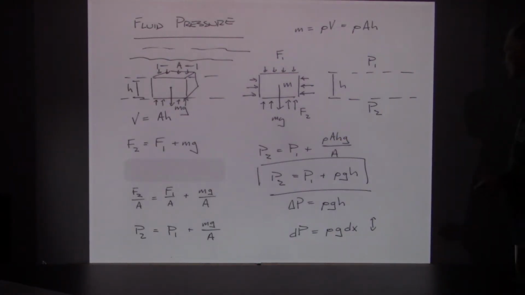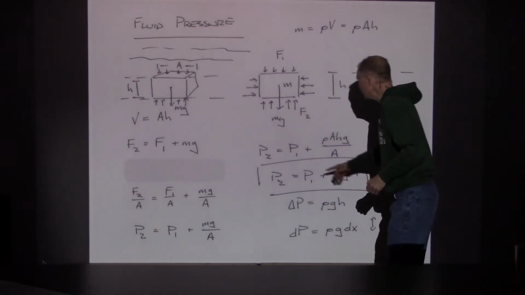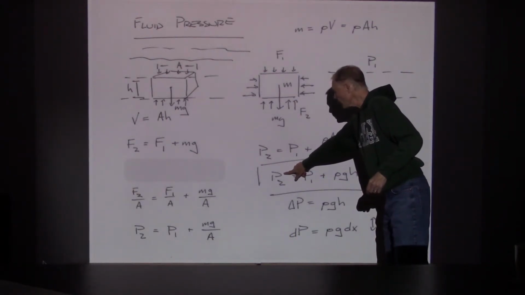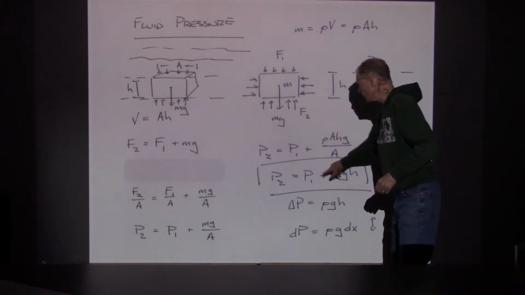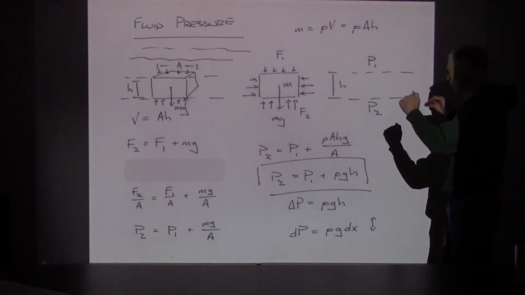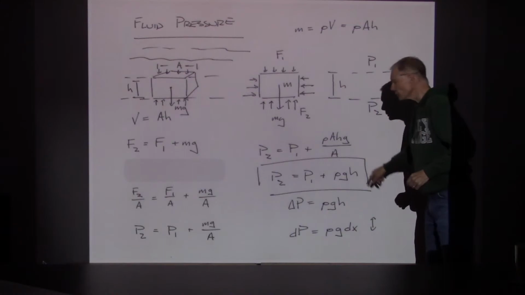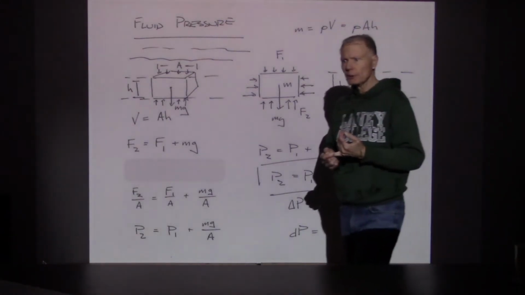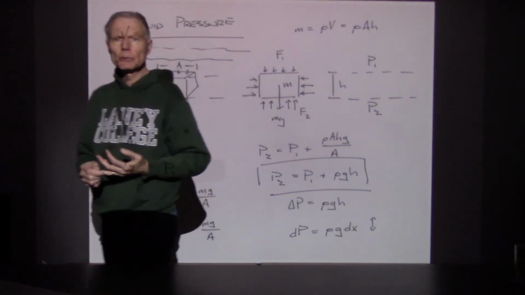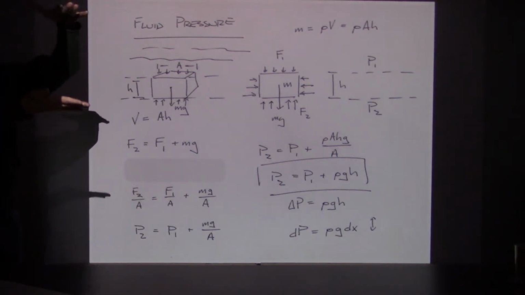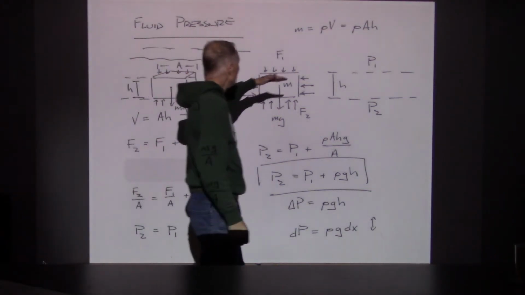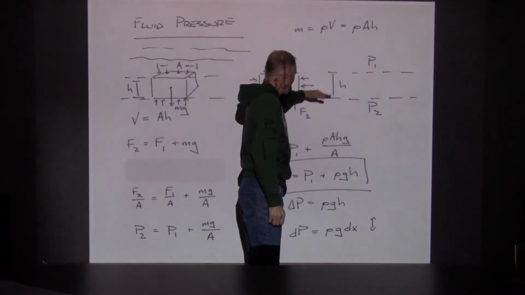And so that leaves us with a very useful formula. It says that the pressure at a lower point in the fluid is equal to the pressure at some higher point in the fluid plus rho g h. Depends on the density of the fluid, the gravitational field, and the difference in elevation between the two pressure measurements.